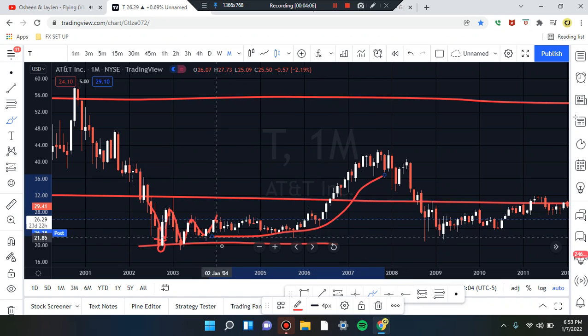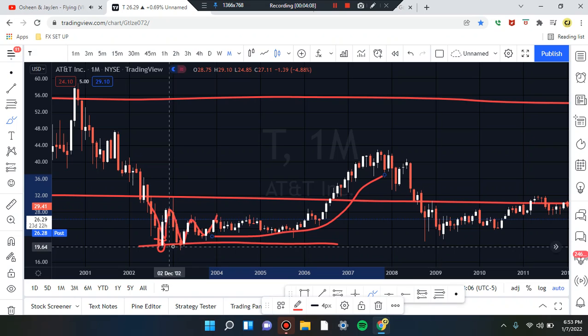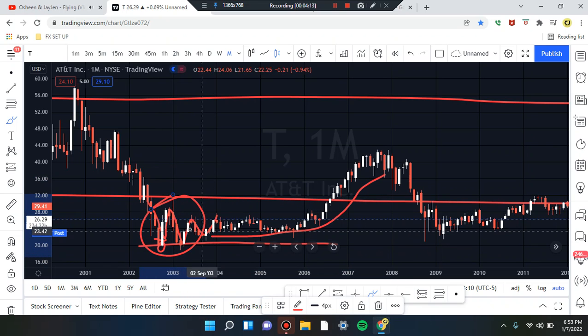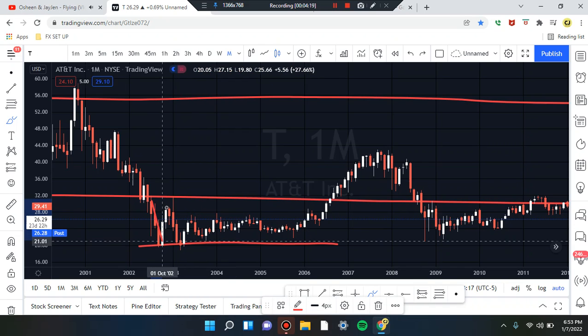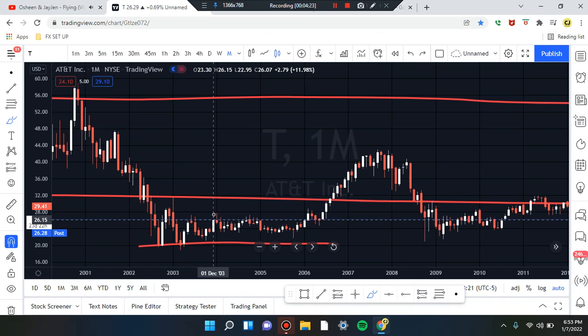Okay, so market price did not return back to that low of the double bottom since then. So market came off the double bottom with multiple retests at that area of consolidation. So you got the first, second, third, fourth, retest 1, and there's just so many other retests in here.